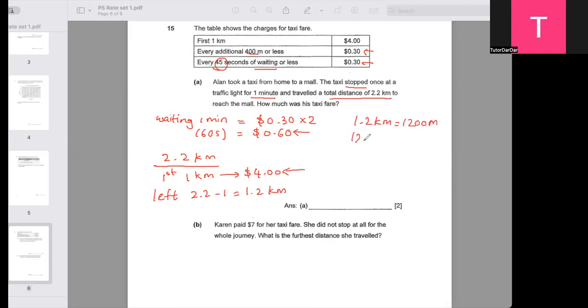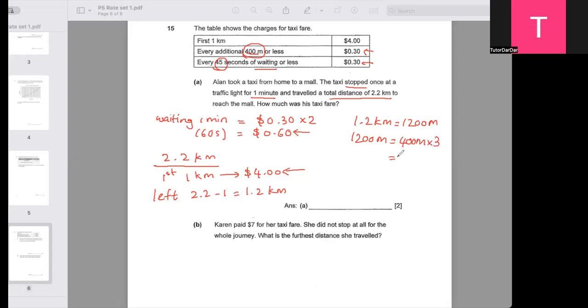And 1,200 meter is equal to 400 meter multiplied by 3, right? Because they want to charge you every additional 400 meter or less. So 1,200 meter divided by 400, you will get 3.